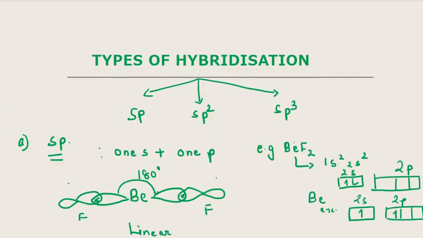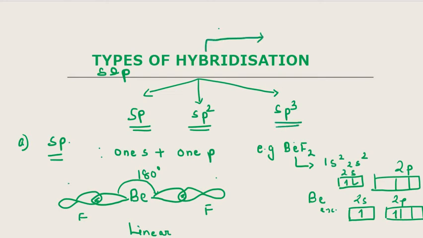Now, let us see the different types of hybridization. If s and p orbitals are involved, the hybridization will be sp, sp2 and sp3 hybridization.